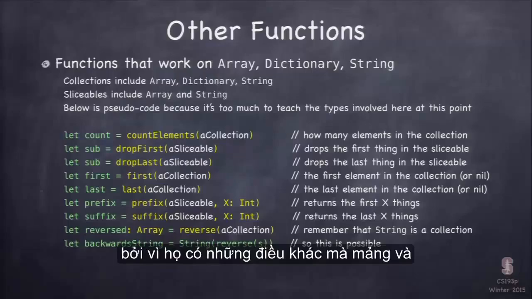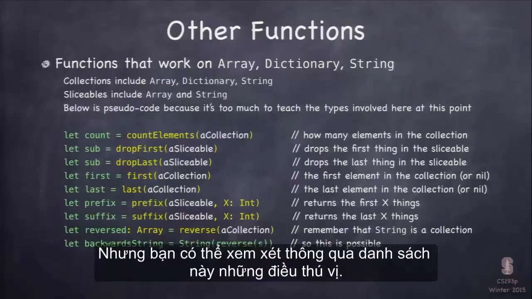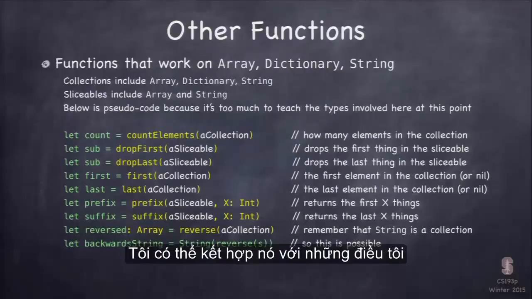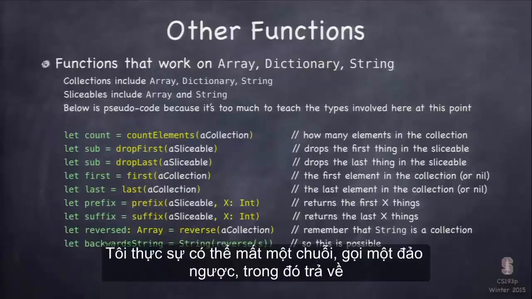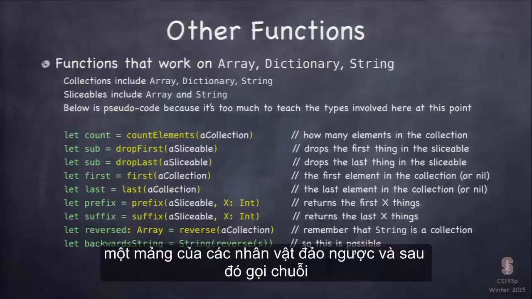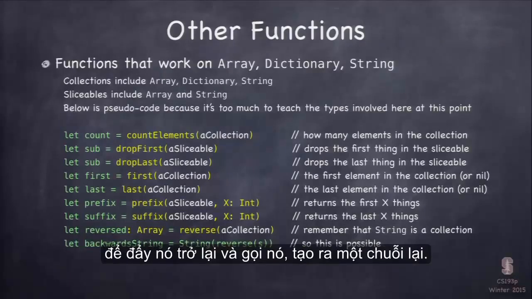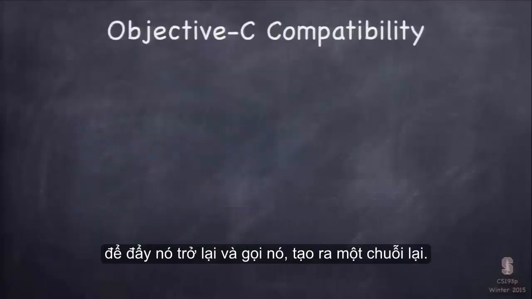But you can look through this list, there are some interesting things. I can combine it with what I was talking about earlier, passing an array of characters to String. I can take a string, call reverse, which returns an array of the characters reversed, and then call String to push it back and create a string again.